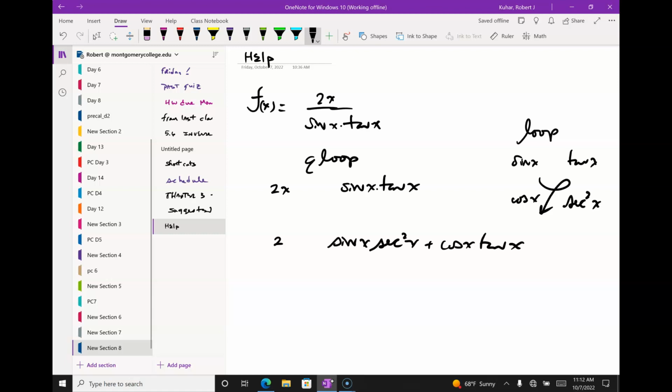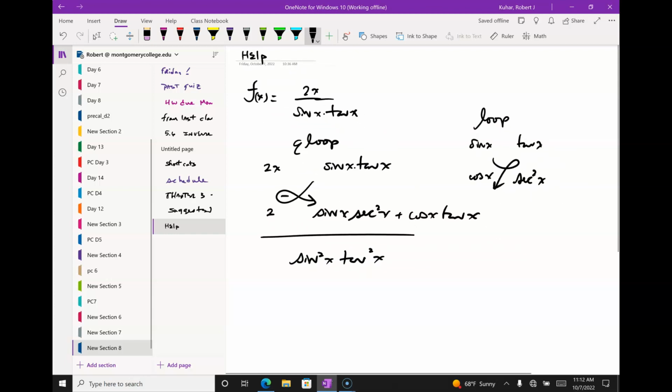Now that can be simplified, right? So I want to be careful here, but I also know I need the downstairs squared for the quotient rule. Jack, okay there so far? Yeah, so you see, I just did over on the side that product loop that I needed, trying to keep things as clean as I can.